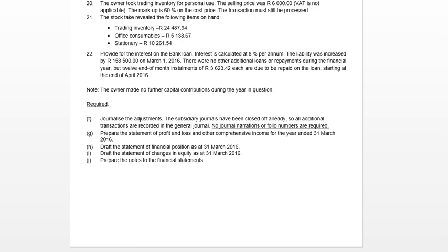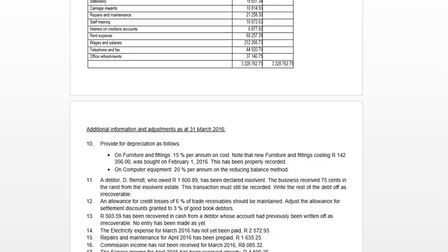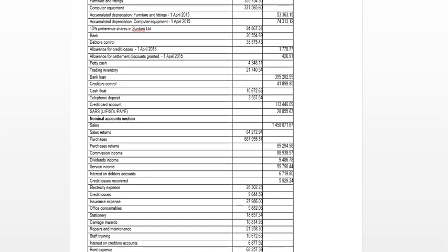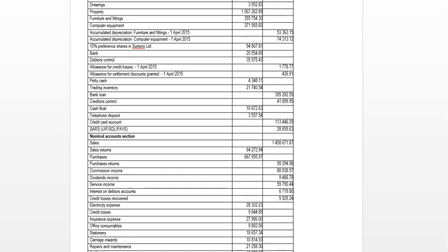Finally, we need to provide for interest on the bank loan. Interest is calculated at 8% per annum, and the liability was increased by 158,500 on the 1st of March 2016. And what was our liability at the end of the year towards our mortgage loan?